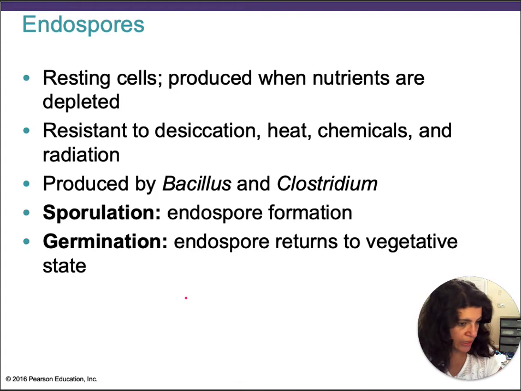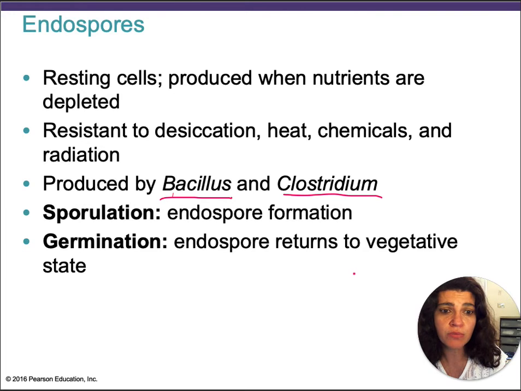That's another property of some bacteria. Usually we learn that bacteria from the genus Bacillus or from the genus Clostridium can form endospores. Endospores are resistant to harsh environmental conditions like desiccation, heat, chemicals, radiation.